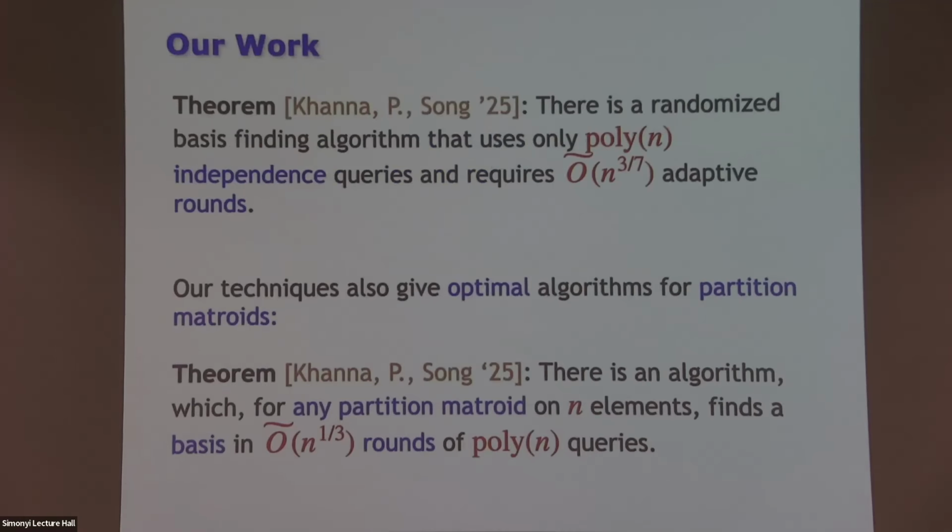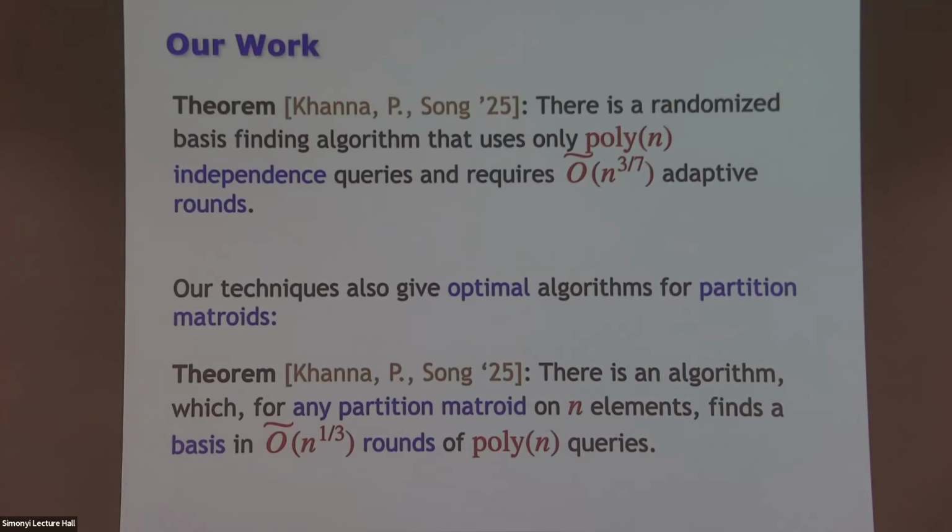So the deterministic best bound is still root n? Yeah, that's a great point. The best deterministic bound is still square root n. In this theorem, this is actually a deterministic algorithm for partition matroids, but the way we achieve the derandomization is just by taking a union bound, since there's only an exponential number of possible partition matroids.